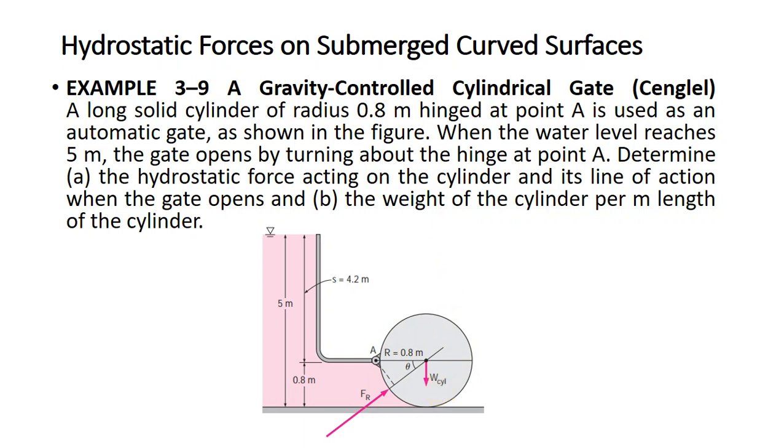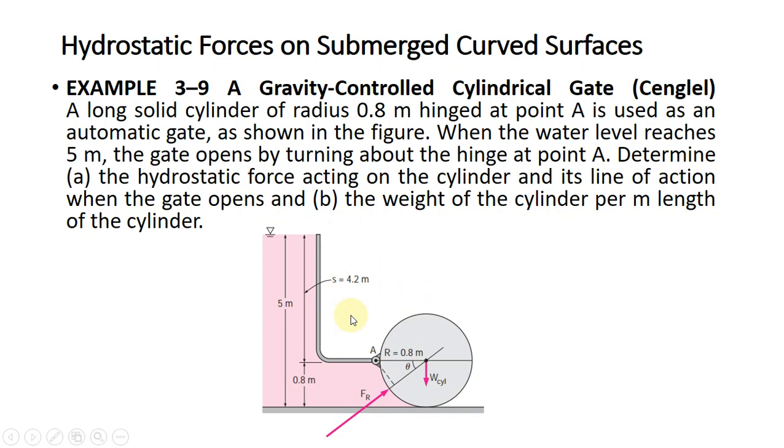When the water level reaches 5 meters, so that is 5 meters from the ground, the gate opens by turning about the hinge at point A. Determine the hydrostatic force acting on the cylinder and its line of action when the gate opens, and the weight of the cylinder per meter length. So we are going to solve this problem for part A, and you will refer to part B on your own.